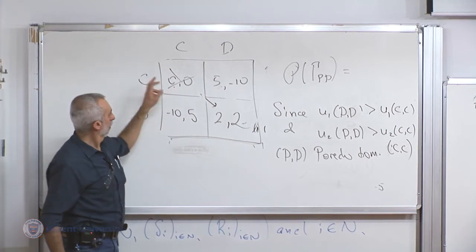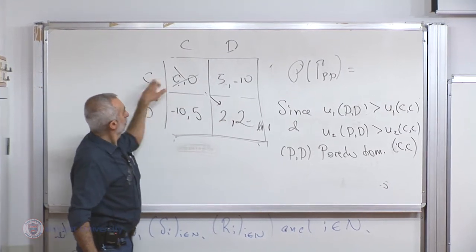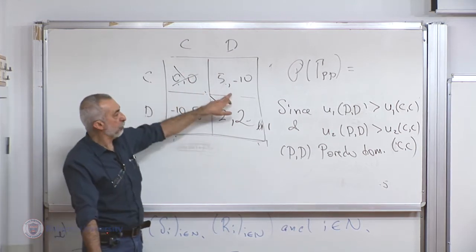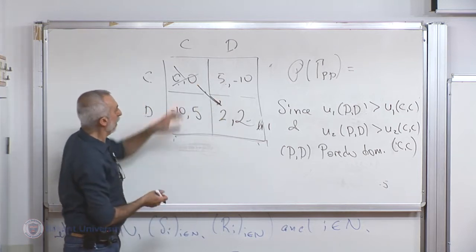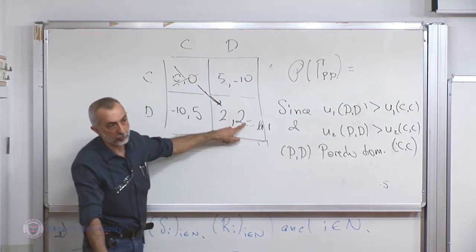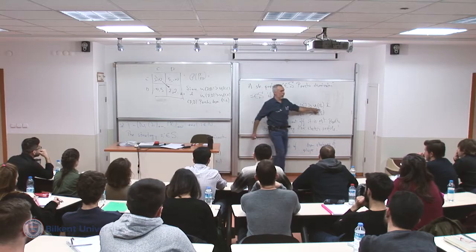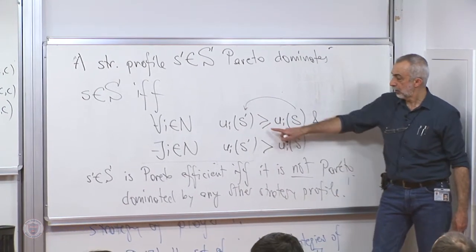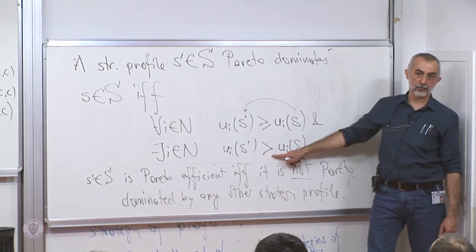So when we compare DD to CD, for player 1, CD is better than DD. Just because of that, DD cannot Pareto dominate CD. Again, when we moved from CC to DD, agent 1 became better off, agent 2 became better off. Because of this, nobody is hurt. This says when you go from the outcome induced by S to the outcome induced by S prime, nobody becomes worse off, and at least one individual becomes better off.